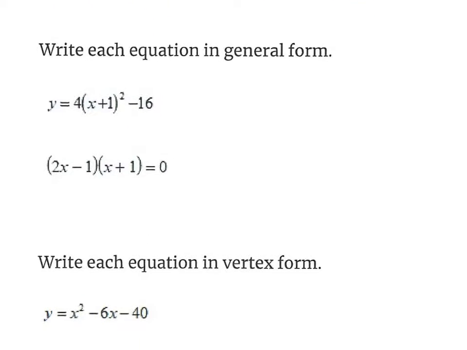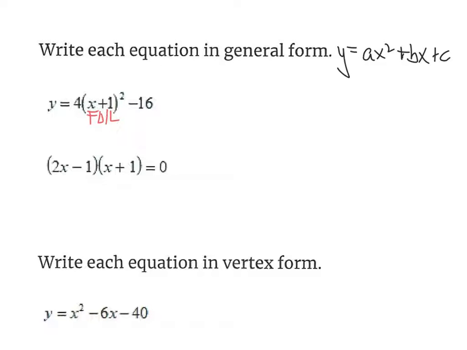In general form, look up at the top if you need. General form means we need to multiply this all out. We need to get that equation into y equals ax squared plus bx plus c. I need to multiply out x plus 1 squared. I need to FOIL this.